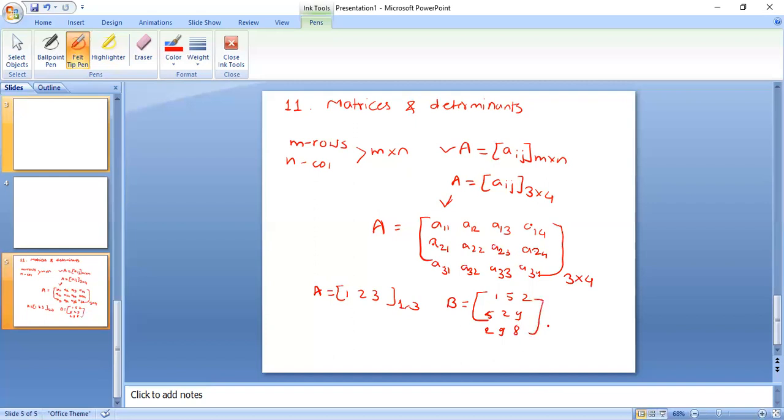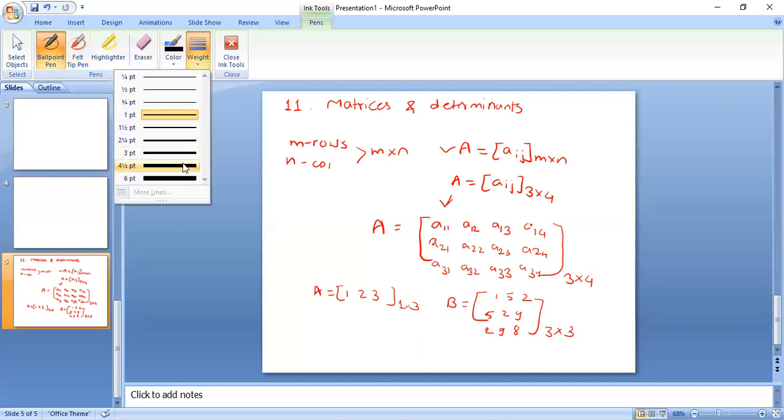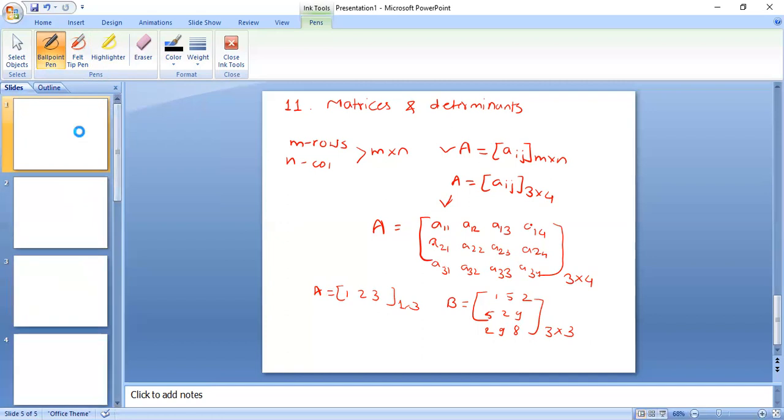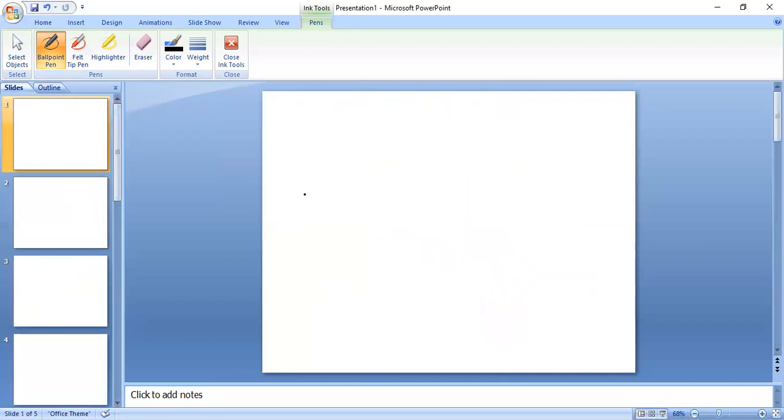So this is the matrix with 3 rows and 3 columns. So this is called a matrix.